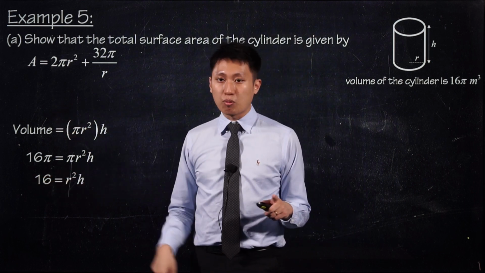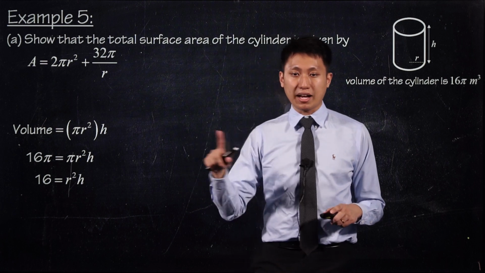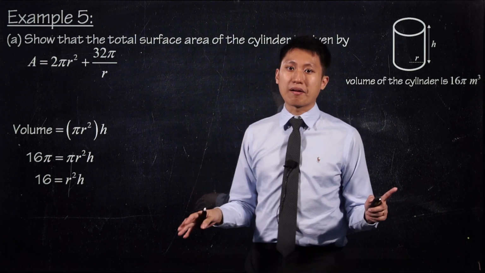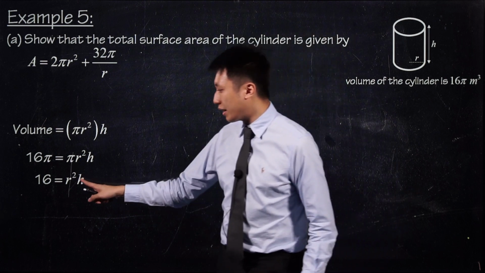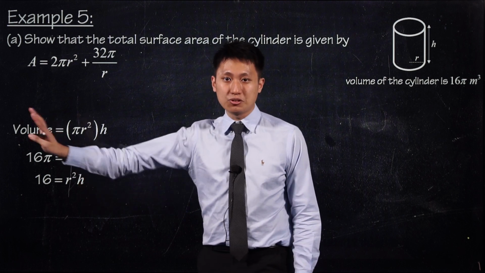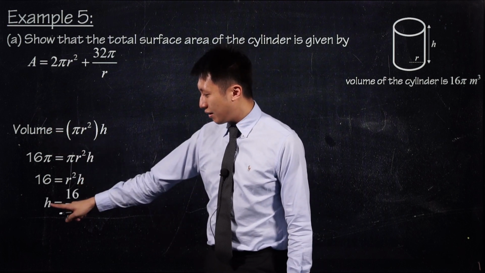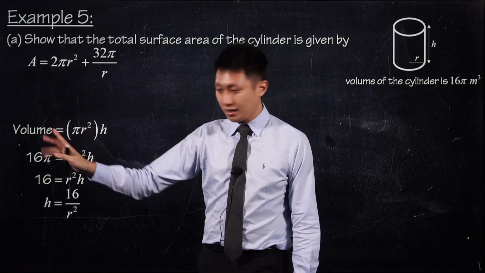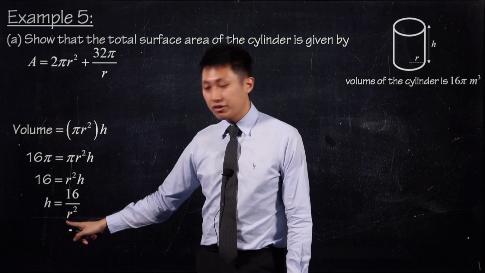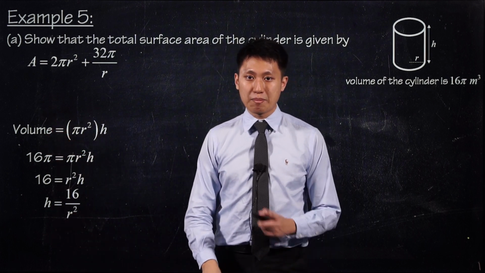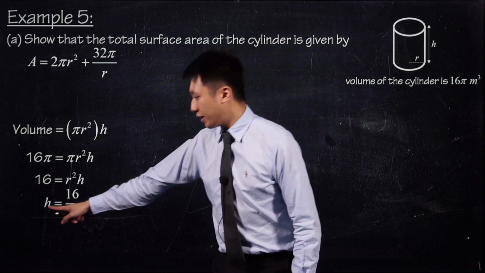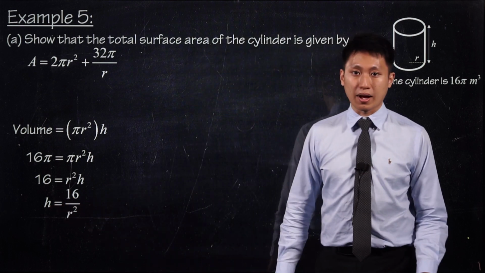If you put r on one side, then you have a positive negative square root. You do not want to have positive negative square root. So that's why you let h stay on one side. So here, instead of putting r on the left hand side, you put h on the left hand side so that you don't have to disturb the square there and make it a positive negative square root. So h is 16 over r square.